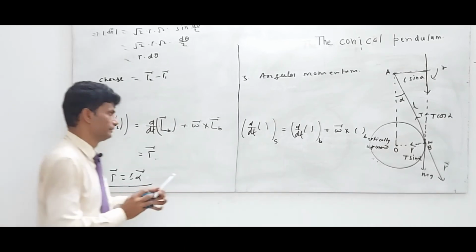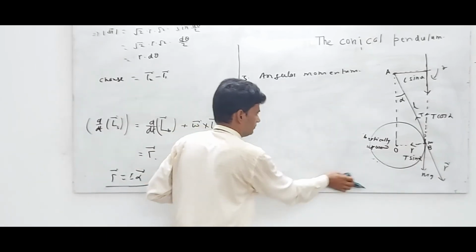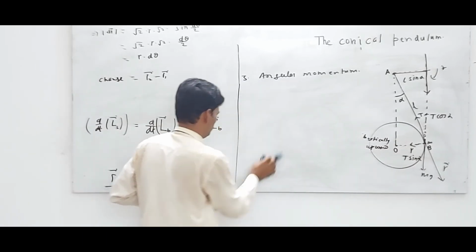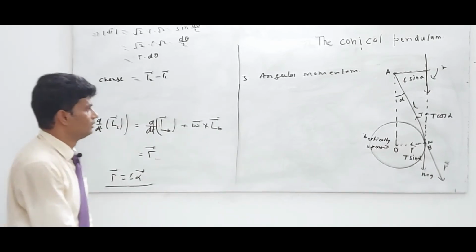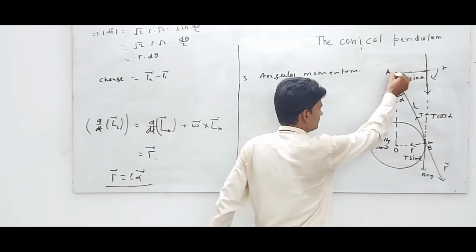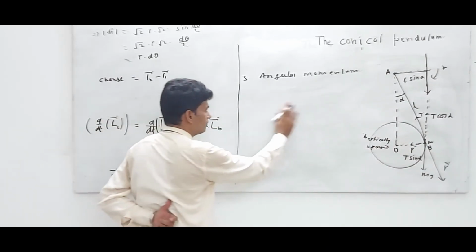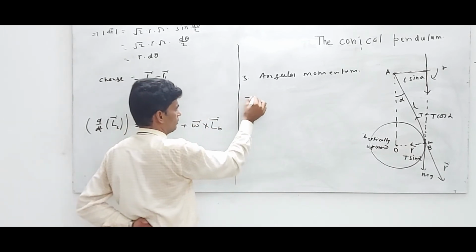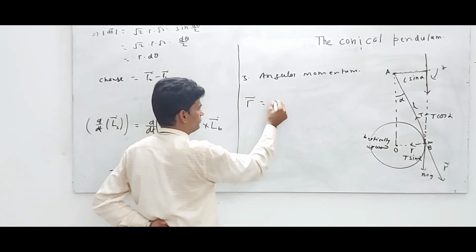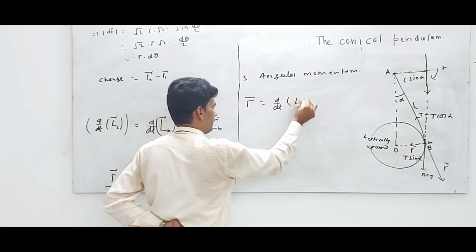Now look here. The space point is here, and here is the body. So we want to write it down here: torque is equal to d by dt of LA.